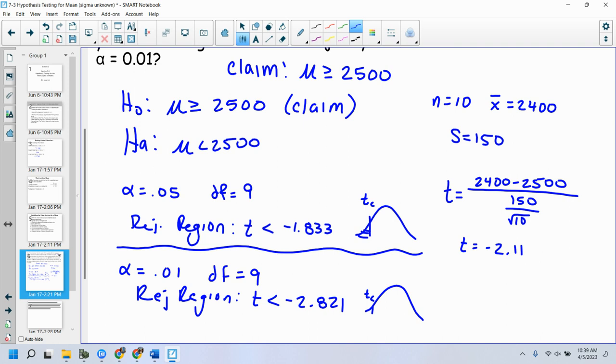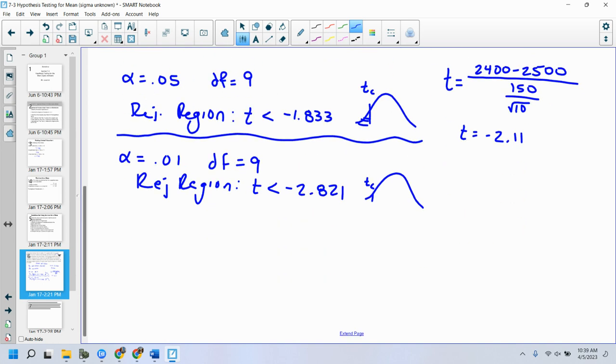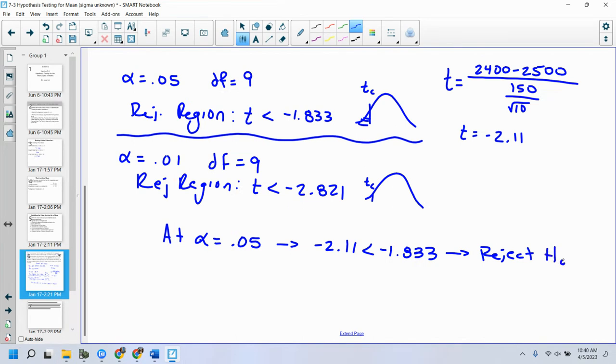What's our decision at the 0.05 level? Do we reject or fail to reject? We reject. Good. So at alpha equals 0.05, negative 2.11 is less than negative 1.833, so our decision is that we reject the null.